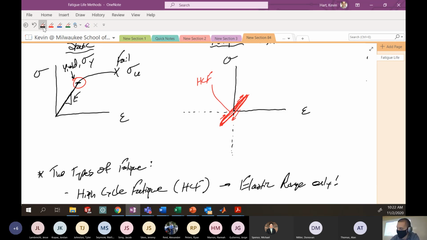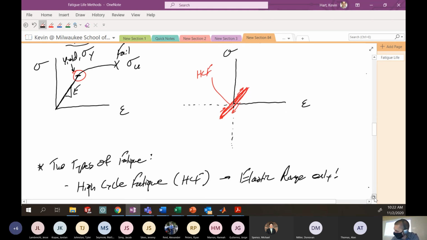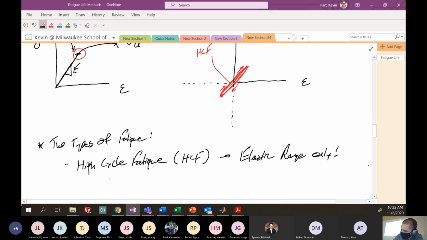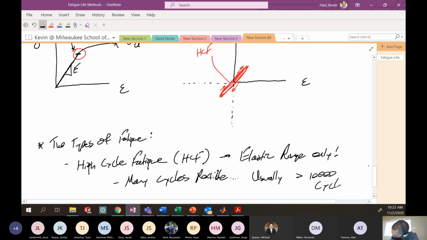That differs from low cycle fatigue. I'll just say for high cycle fatigue, many cycles possible. We're talking for high cycle fatigue, usually greater than 10,000 cycles.